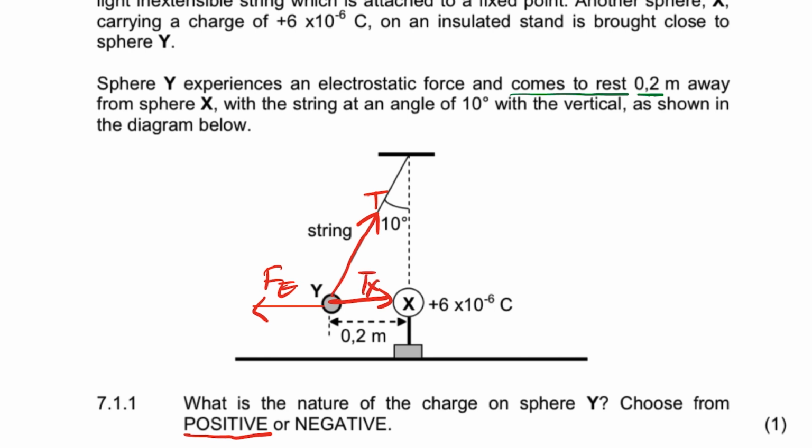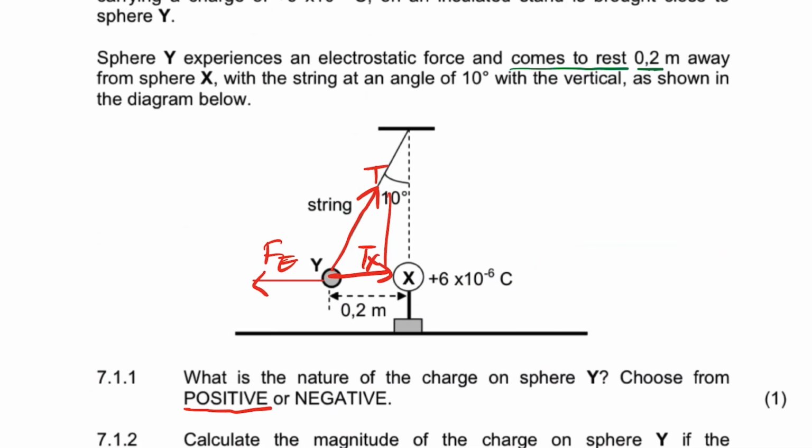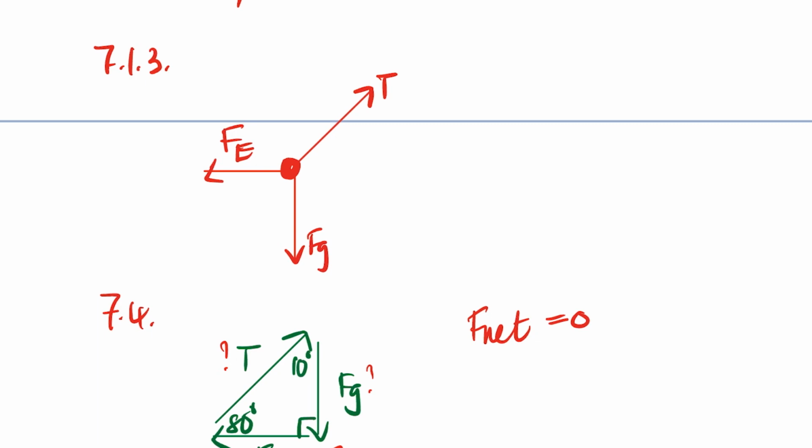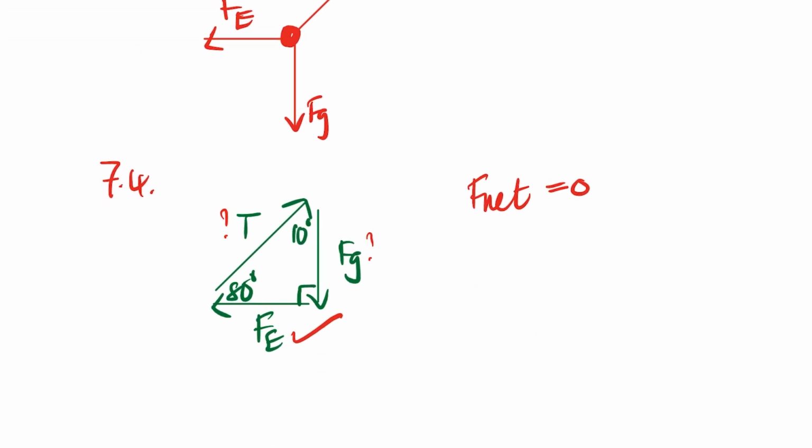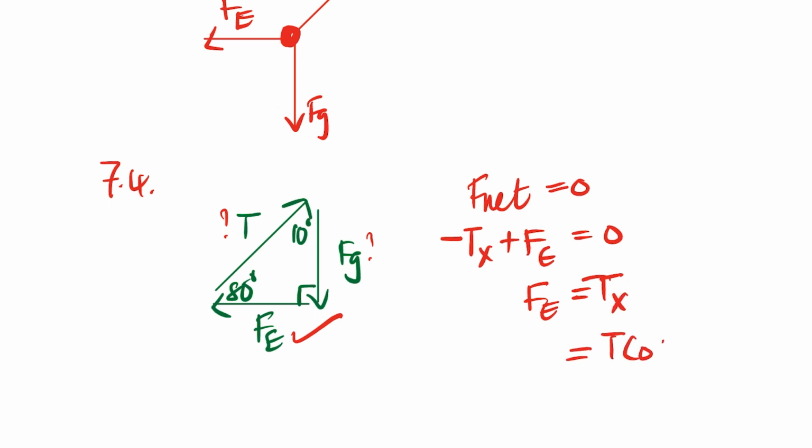The forces acting horizontally are these two, and they are at equilibrium. So we'll say negative Tx plus the electrostatic force equals 0. So the electrostatic force is equal to the horizontal component of the tension force, which is going to be T cos theta.